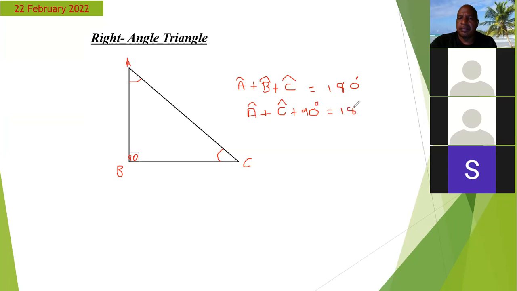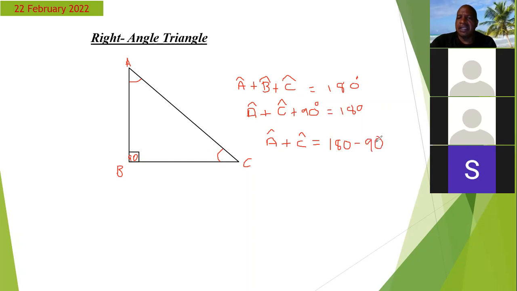All right, now if we already know that B is 90, then we could calculate what the sum of angle A plus angle C should be. So we can just simply say angle A plus angle C would be equal to 180 minus 90 degrees.